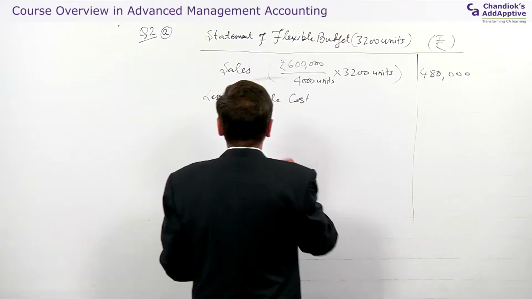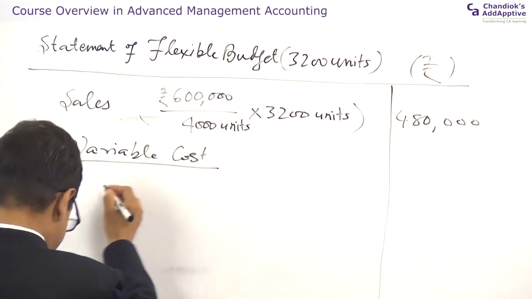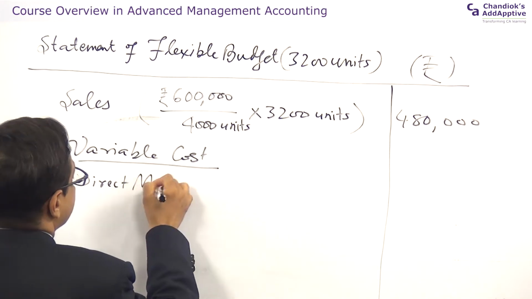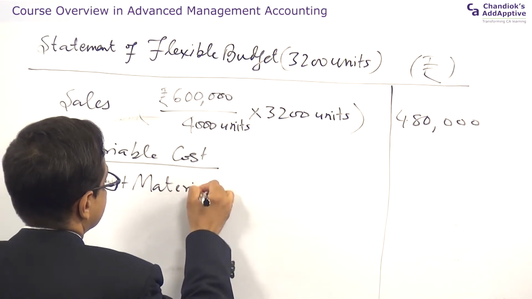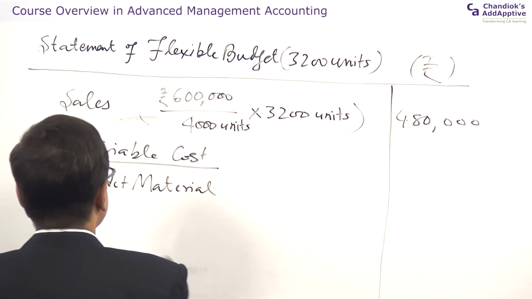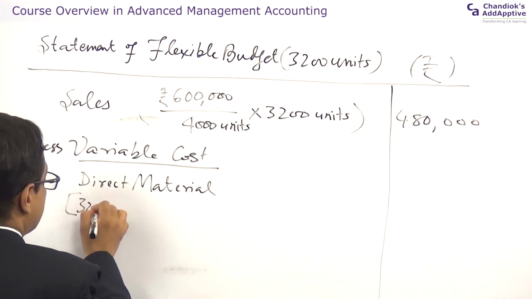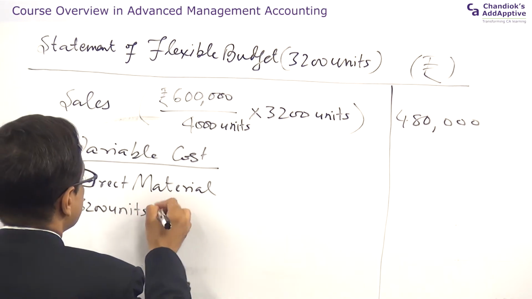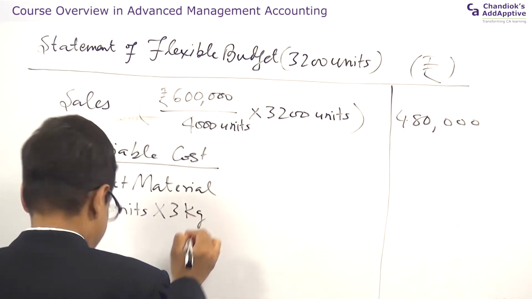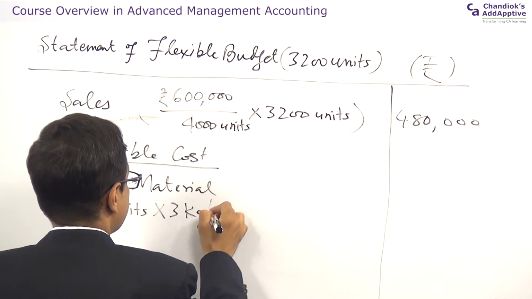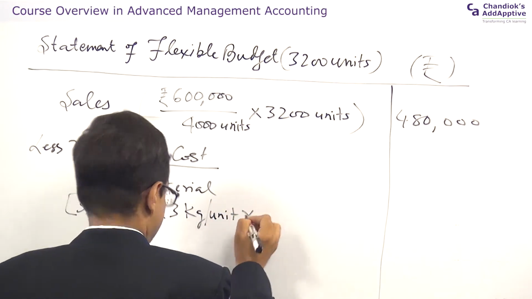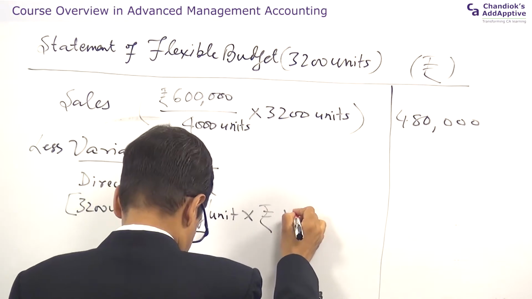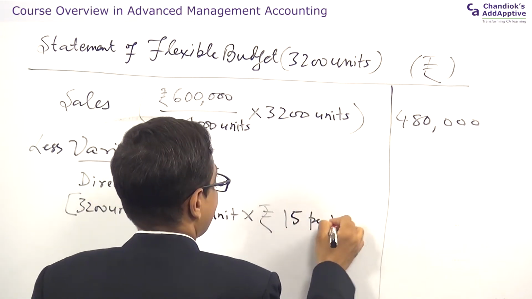You reduce the variable cost. It is a combination of direct material, this is again on 3,200 units. You need 3 kg per unit, and the rate per kg is rupees 15 per kg.